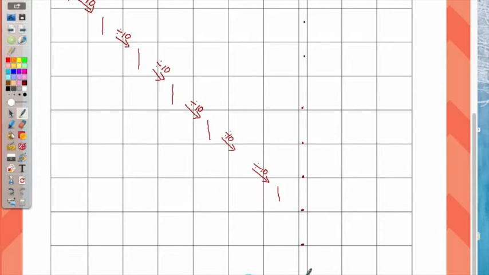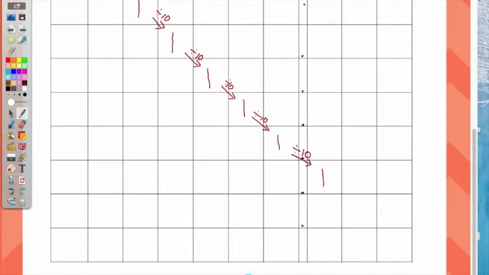And this is where I want to start saying these again. Did I forget to write a 1? Okay, so 1 divided by 10 equals what? 1 what? 1/10. Very good. And it's 1/10 as large too, isn't it?